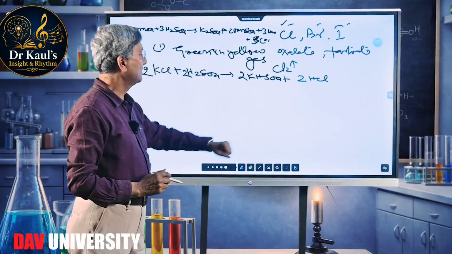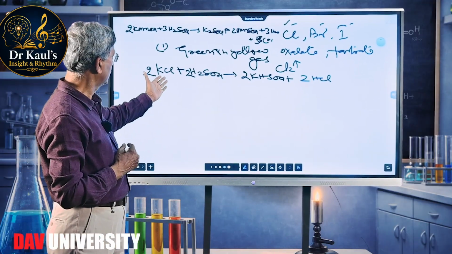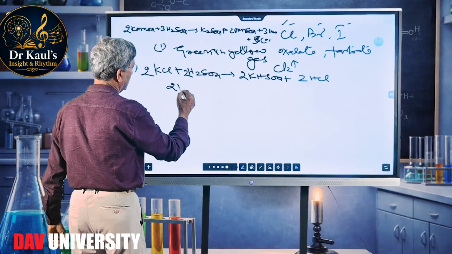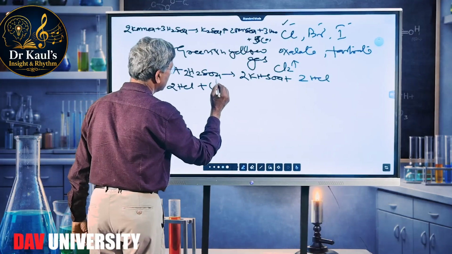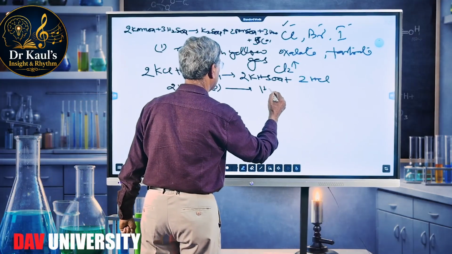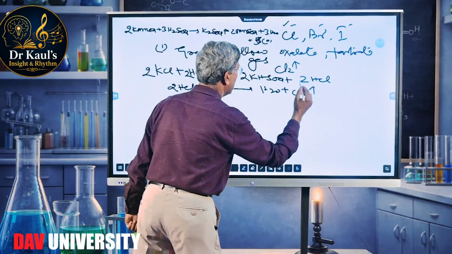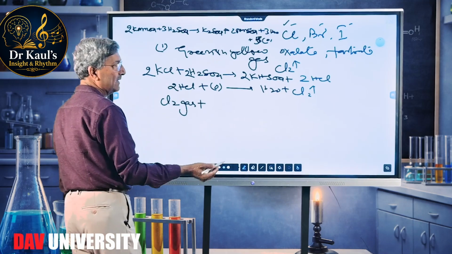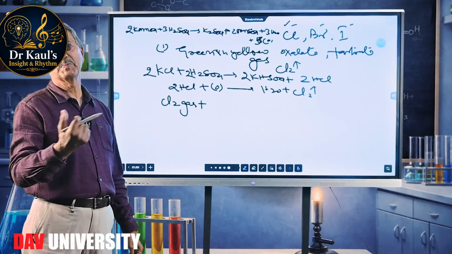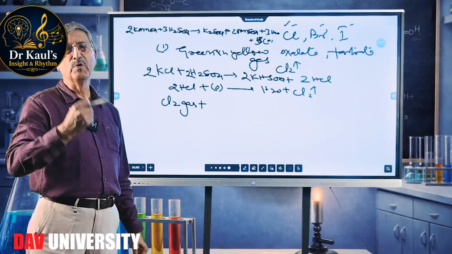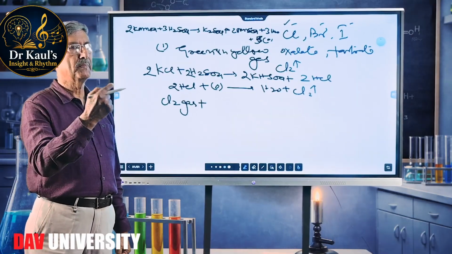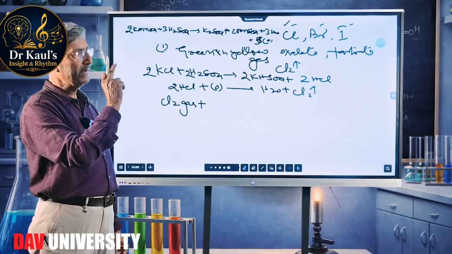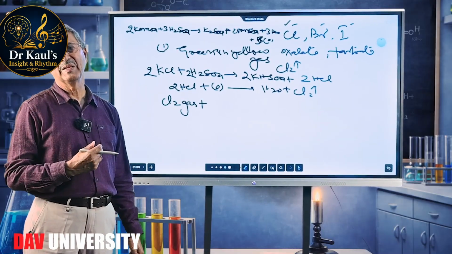Now, this HCl, which is furnished by the reaction of the given chloride, say KCl, with H2SO4, will undergo oxidation. 2 HCl plus nascent oxygen will give us H2O plus chlorine gas, a greenish yellow gas. Now, how is moist litmus paper, which is blue in color, prepared? We dip a filter paper cutting into the blue litmus solution, take it out, and wrap it around a test tube in which water is boiling.